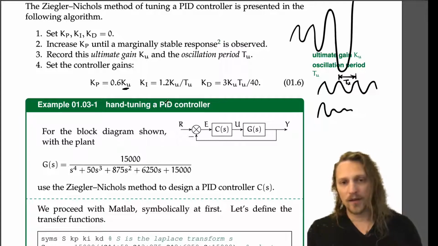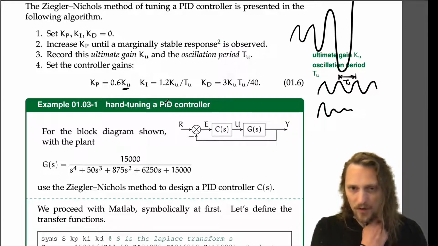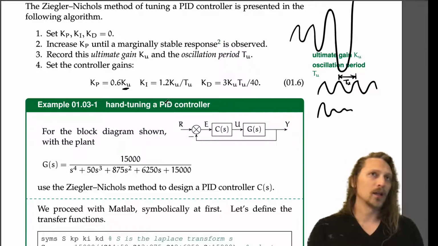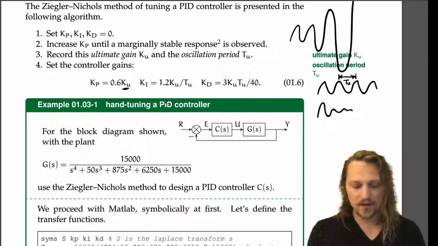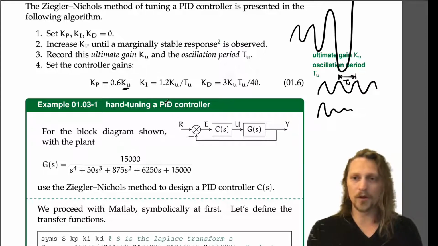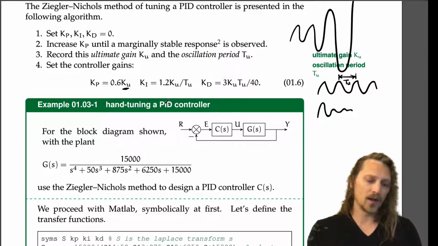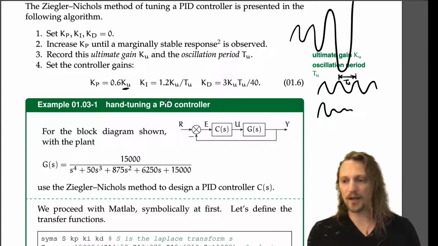These are based on an analysis of common types of systems, and they work pretty well for getting performance that is potentially not optimal for your situation, but it usually gets a response that's stable, that responds quicker than it would if it was just a proportional gain controller, and that has minimal steady state error.